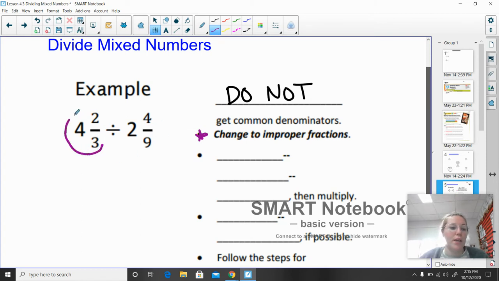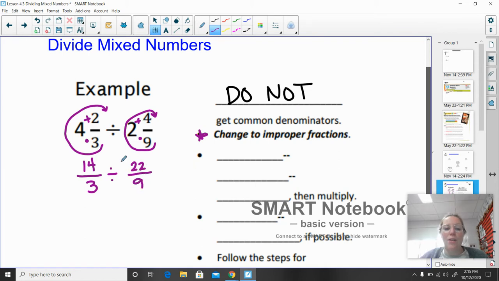Remember, we do this by doing a cartwheel. So we do 3 times 4 is 12 plus 2 is 14. That becomes my numerator and my denominator stays the same. I am going to keep this division for right now. I'm not going to do anything quite yet because I need to make sure that these are improper fractions first. So 9 times 2 is 18, plus 4 is 22 over 9.